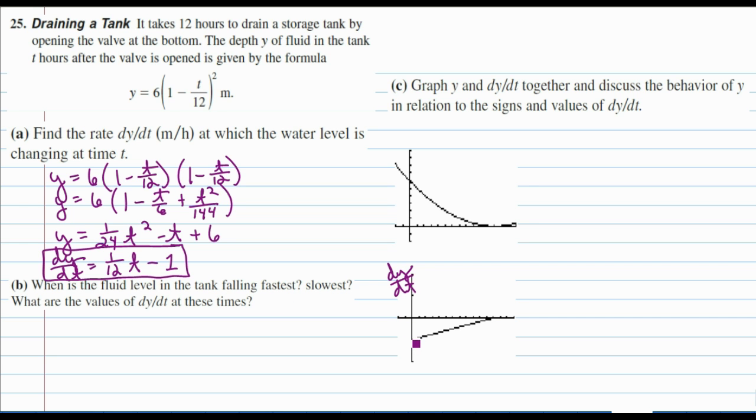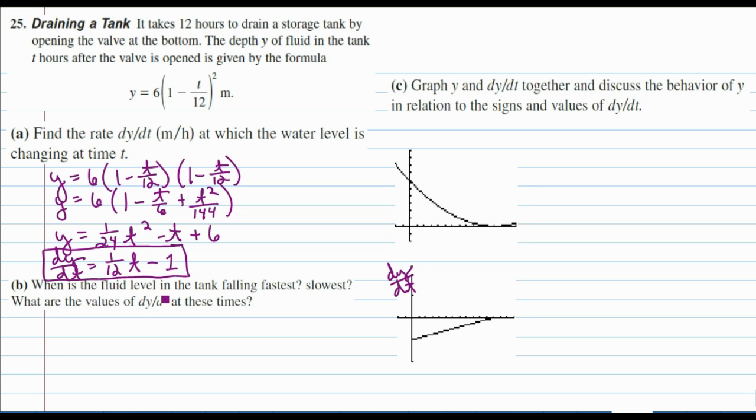I know that this is the lowest value on the derivative graph, but remember, velocity is directional, so this is a negative velocity, -1 meters per hour. And here we're going -0.5 meters per hour, -0.3, -0.2, -0.1, and then 0 meters per hour. So we're slowing down as the velocity graph is approaching 0.